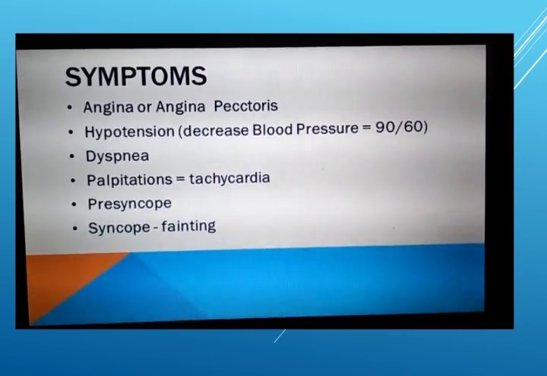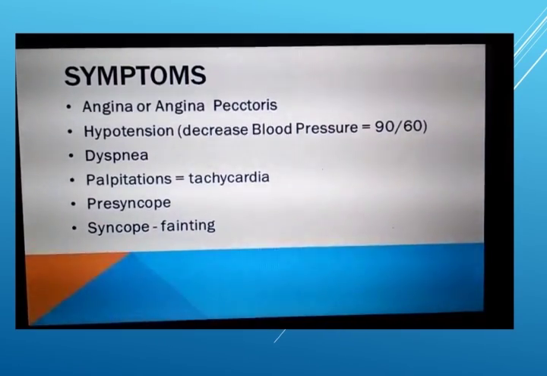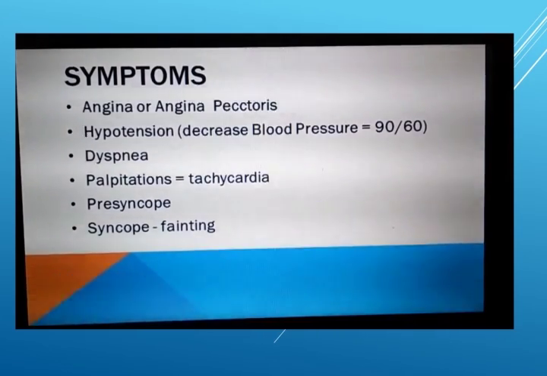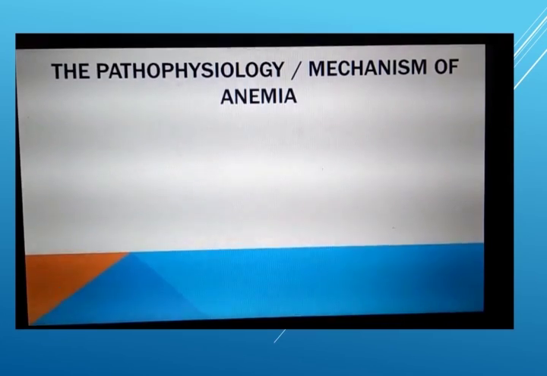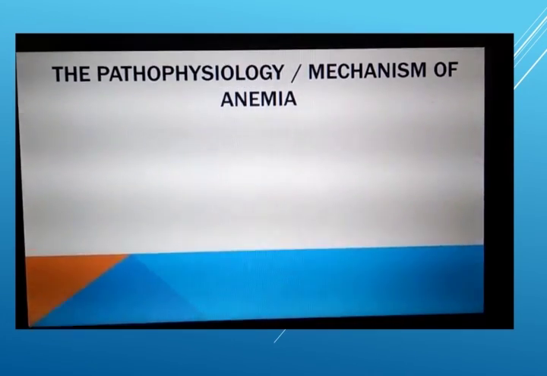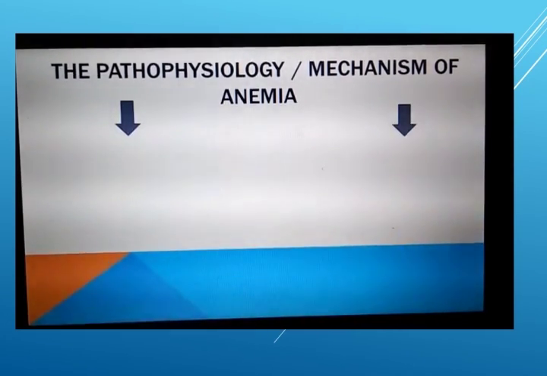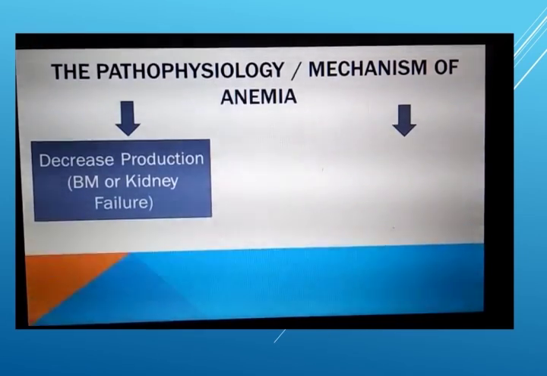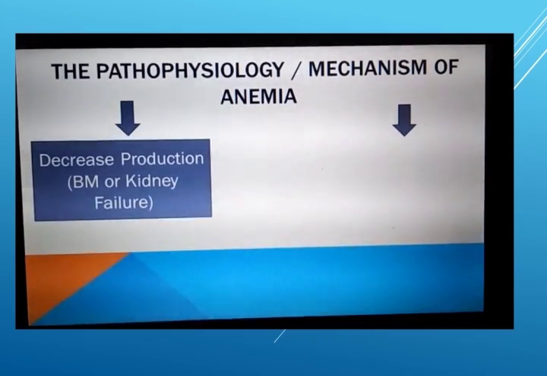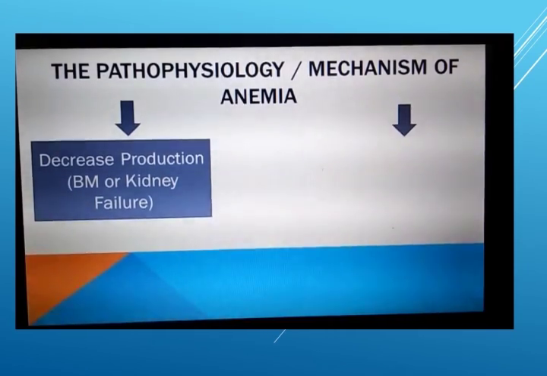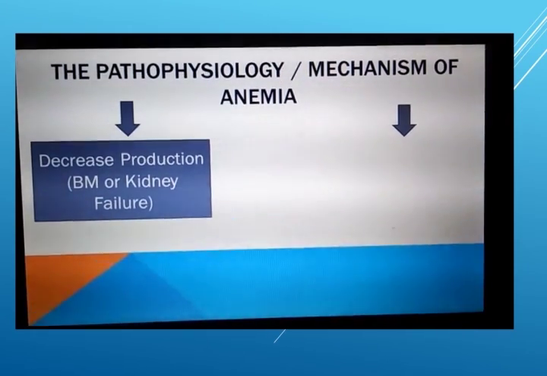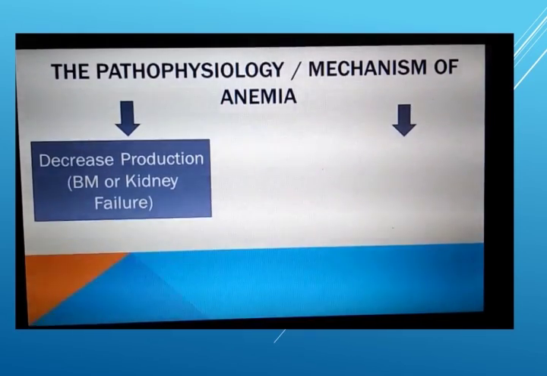Now, let's proceed to the pathophysiology or mechanisms of anemia. If we have a decreased production of red blood cells, or kidney failure, the patient might have a bone marrow or kidney failure.